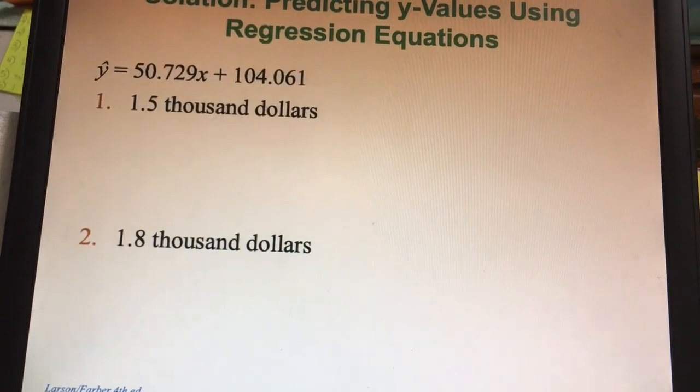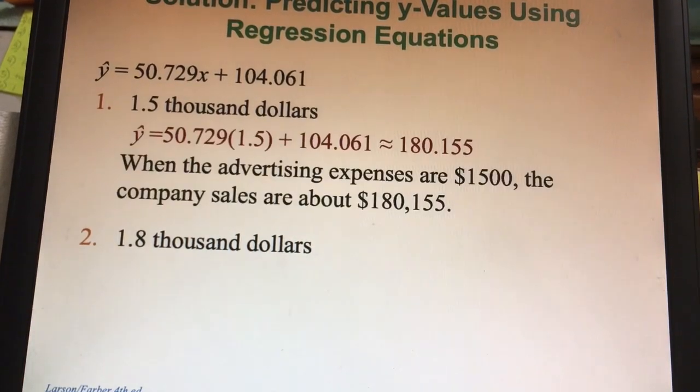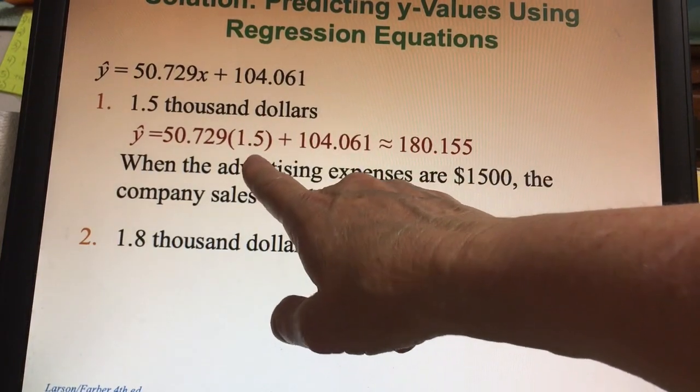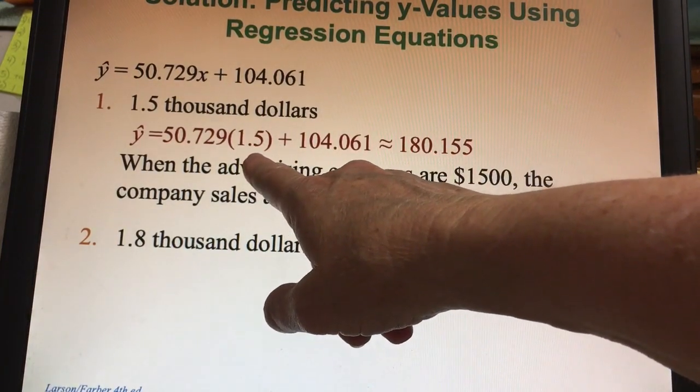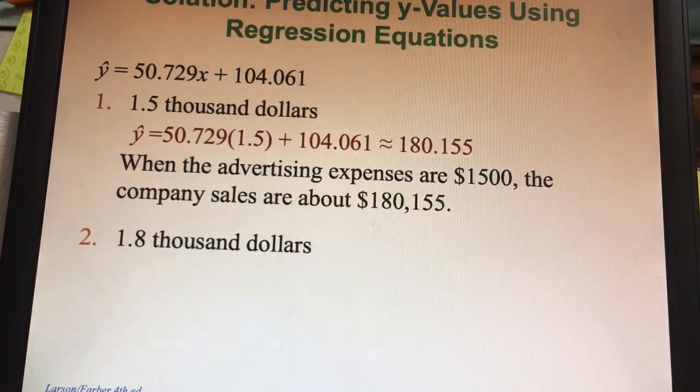So let's look at $1.5 thousand and we're going to plug that in, and 1.5, our equation was in thousands of dollars when we graphed it, so we're not going to put the thousand after it because our equation took thousands of dollars.